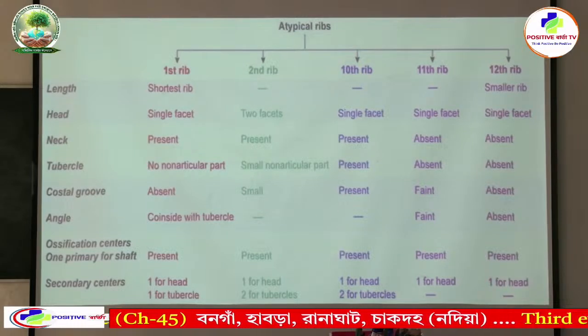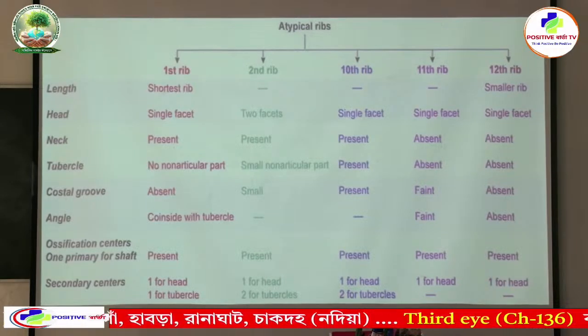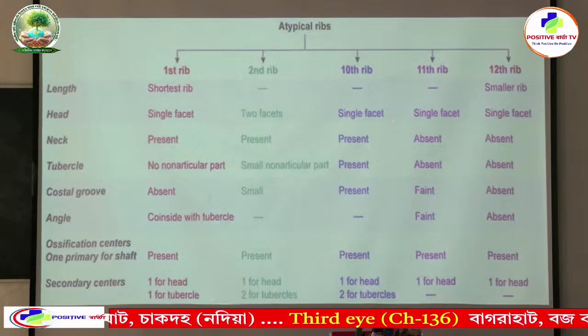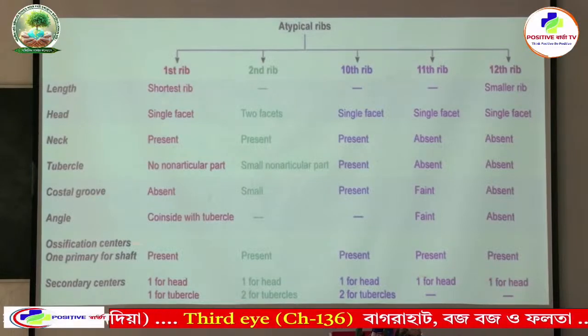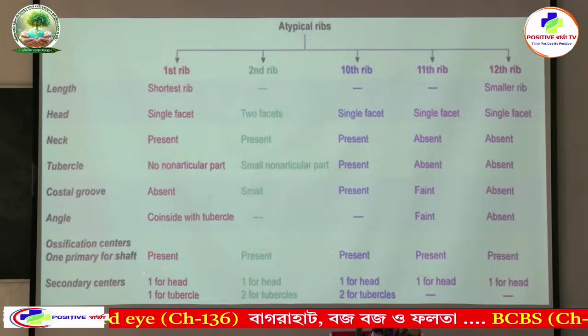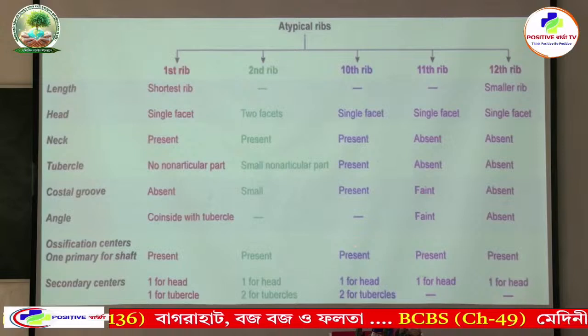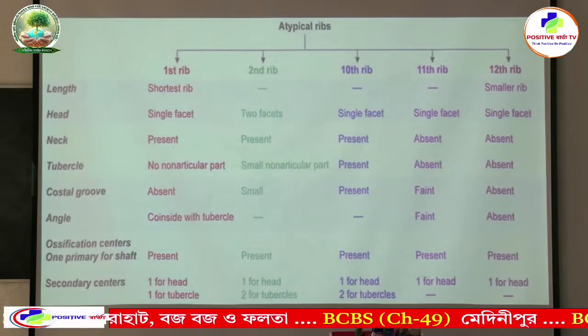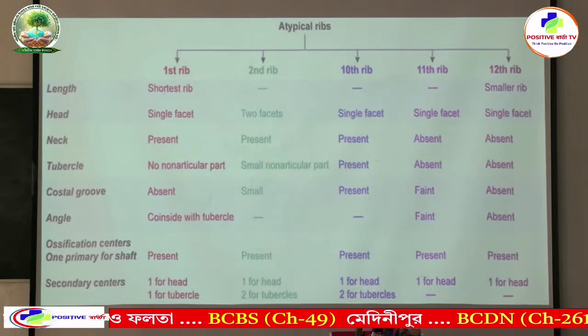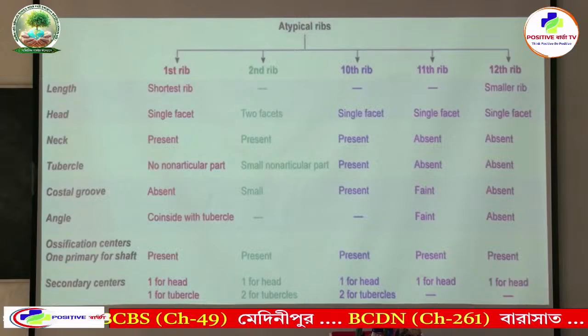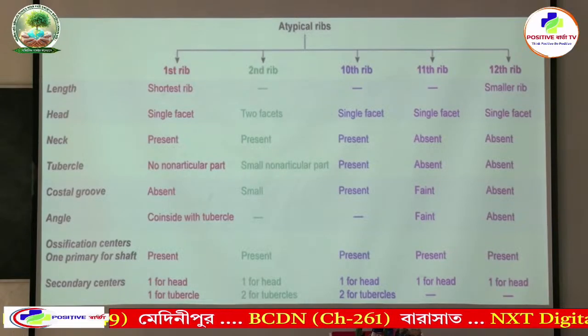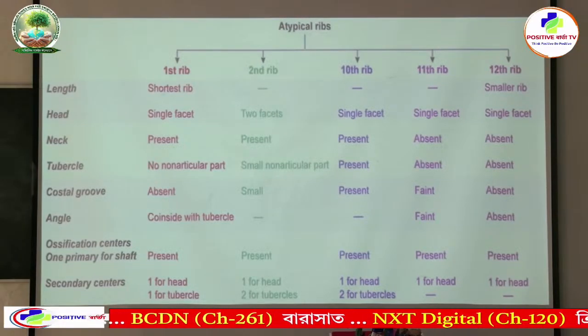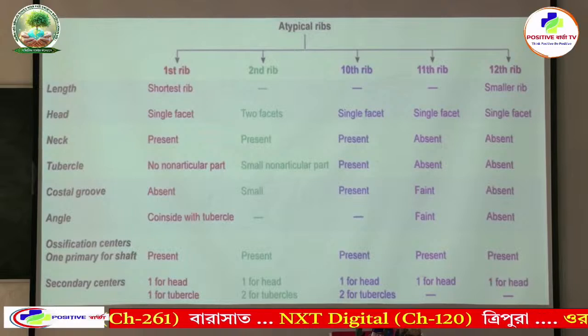All of these are almost similar to the typical rib, except the head contains this single facet. And ossification centers: one primary center for the shaft, secondary centers, one for the head, two for the tubercles. Here in first rib, only one for the tubercle, one for the articular part. Here only the articular part is present.